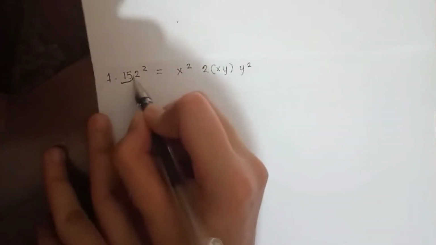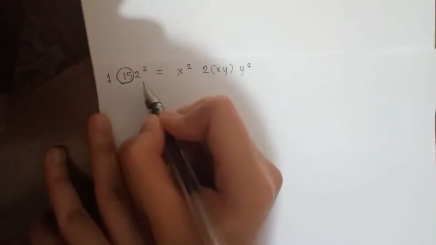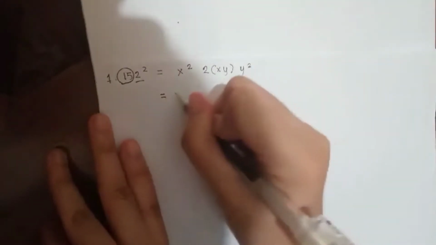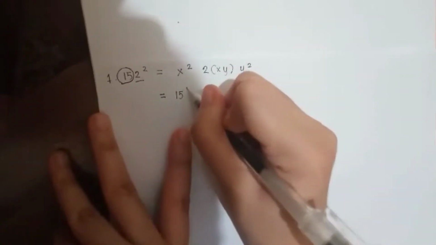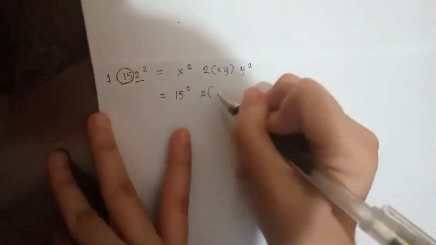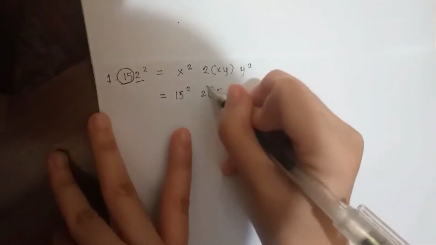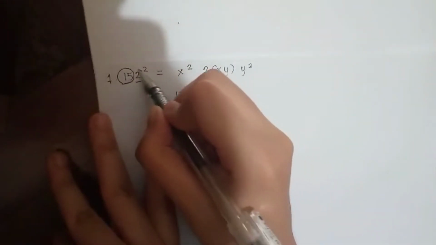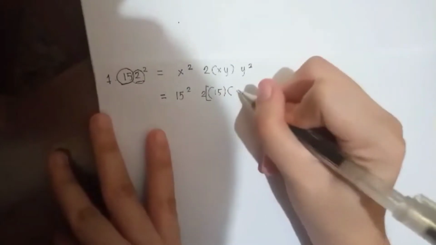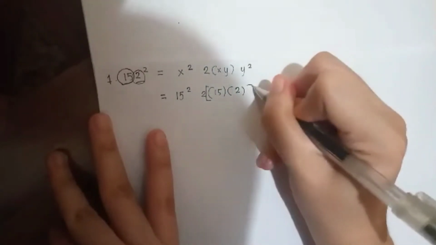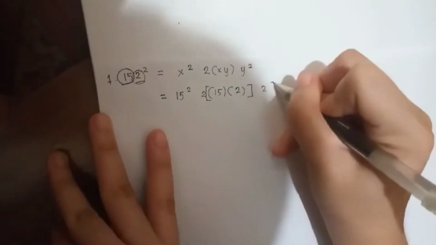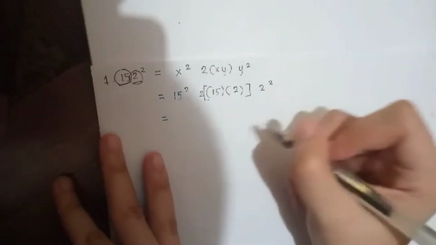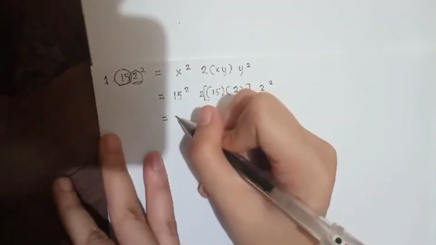So the x here is this one, 15, that does not contain the last digit. So which is equal to 15 square, 2 times 15. So what is the y? The last digit, this one, 2, is the y. And we have y square. So this is equal to 15 square is equal to 225.